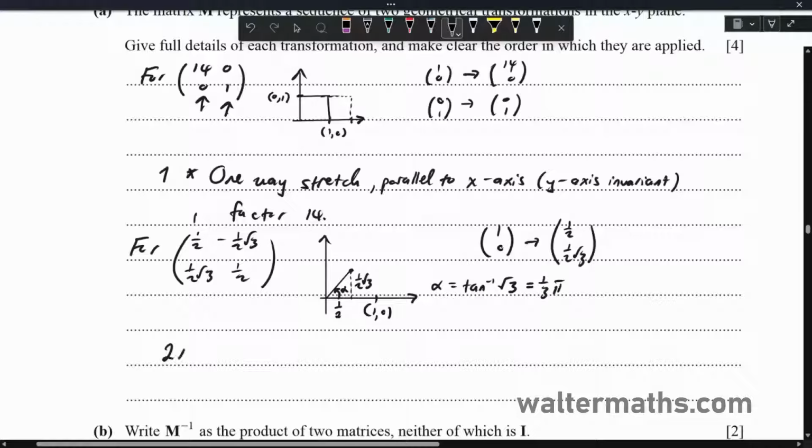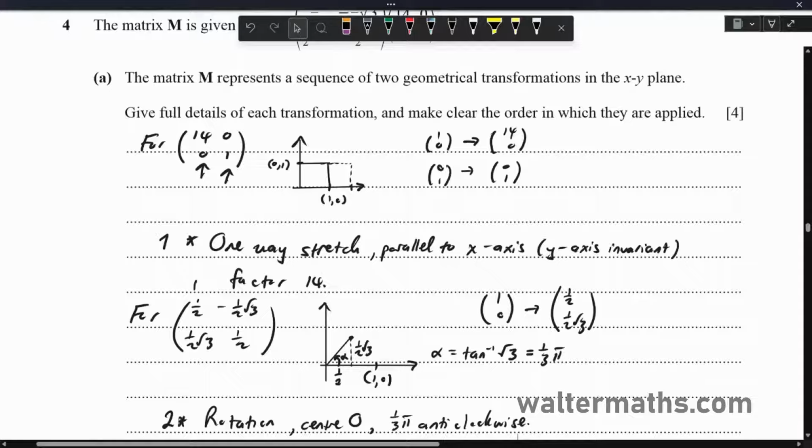So the second transformation, I'll say, is a rotation, center origin, a third pi anti-clockwise. So that's the second transformation. Okay, so those are the two transformations going on, and that's the order.